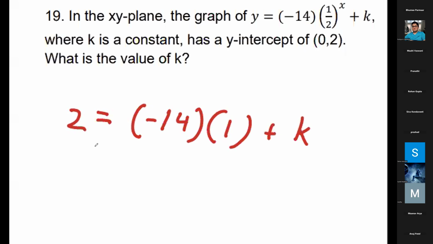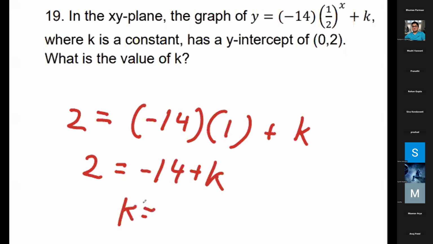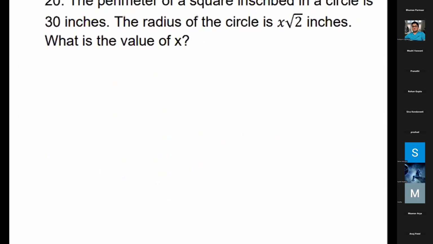So 2 equals negative 14 plus k. Add 14 to both sides, and you get k is equal to 16. That is our correct answer. Then question 20.